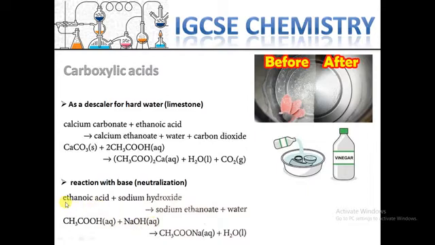As we learned, ethanoic acid is one type of acid, but actually it's a weak acid. Still, it's able to react with sodium hydroxide or any other base. Sodium hydroxide is a strong base. So if ethanoic acid reacts with sodium hydroxide, we will get sodium ethanoate and water.